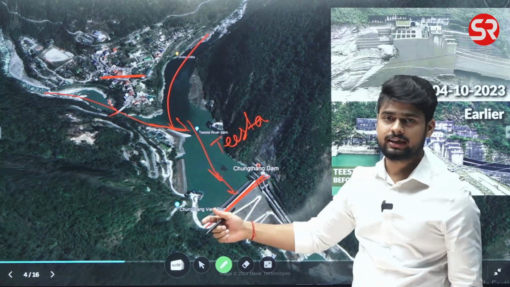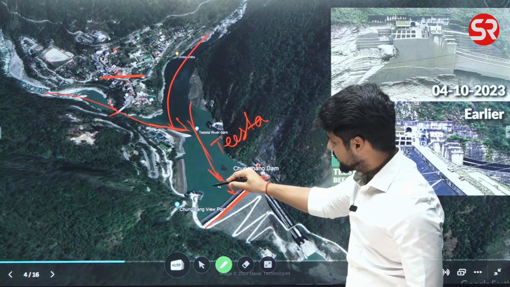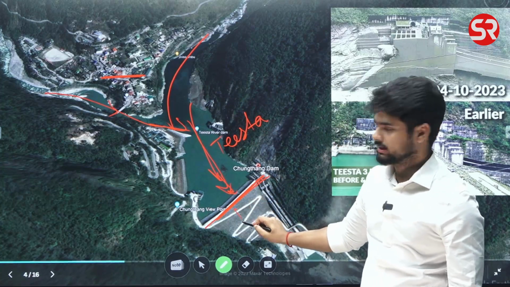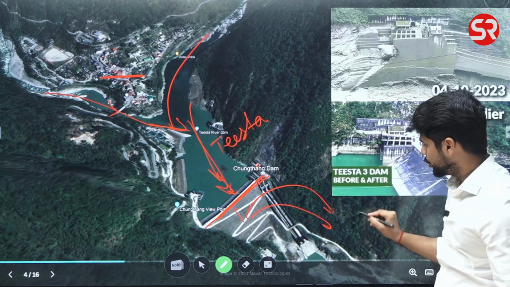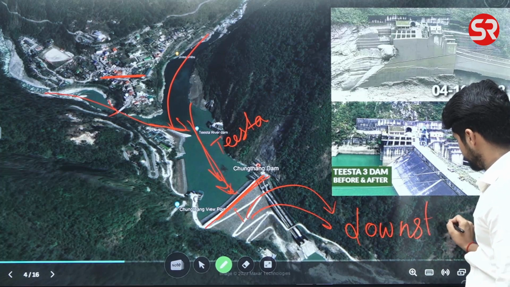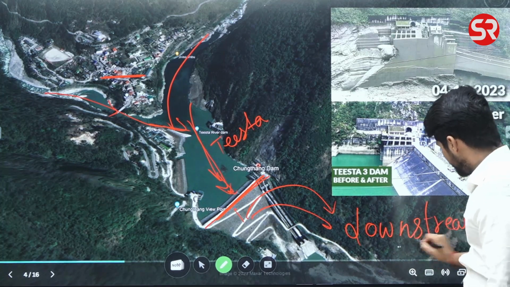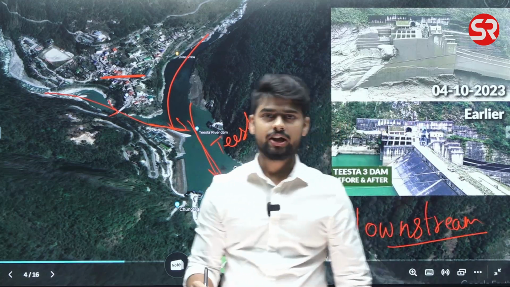So now you can understand, when a huge amount of water from GLOF came through, it caused damage here. Now this led to flooding in your downstream areas, which in a way disturbed the entire state of Sikkim.